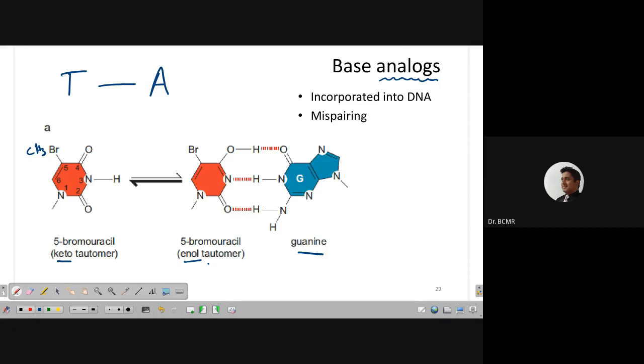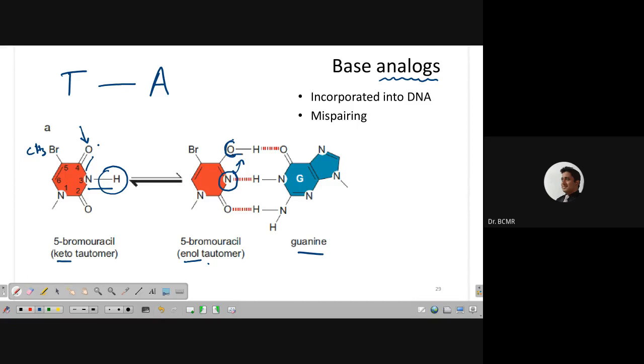What is the enol form here? You have H here, NH, right? And here is a keto group, that is C double bond O. But in the enol form, the N loses a hydrogen, and the keto group, which was present on the fourth carbon, is now an OH, hydroxyl group.